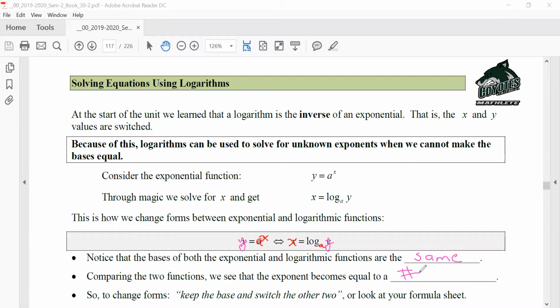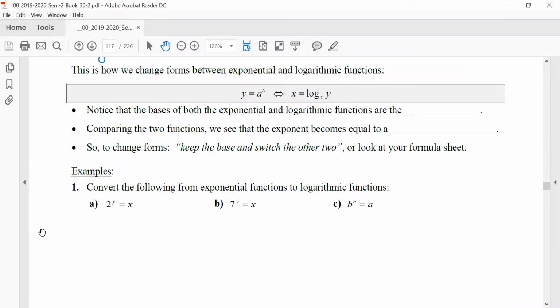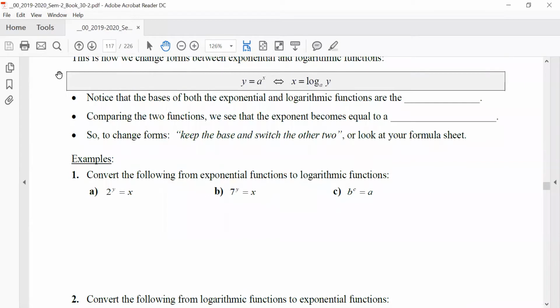My little expression that I like to use is: base stays the same and the other two parts switch. Base stays the same, the other two parts switch. Now, this is a little bit strange because I'm skipping a bunch of steps that I'd show you in class if I had more time. But once you get the hang of it, it's pretty straightforward.